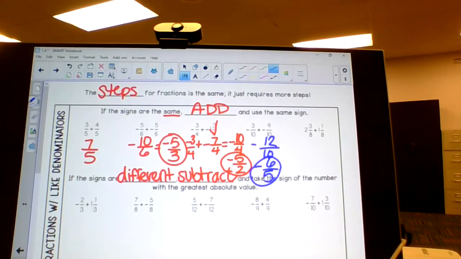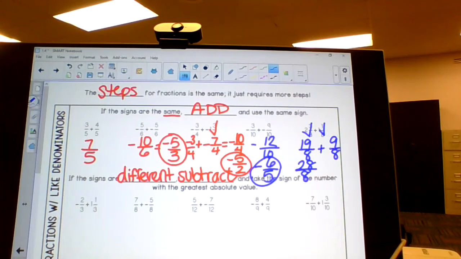Alright, and then that last one, oh, they're mixed numbers. I don't deal with mixed numbers, so let's make them improper first. So 2 times 8 is 16, plus 3 is 19. 1 times 8 is 8, plus 1 is 9. So I made them both improper. So I already have a common denominator here, so I look at it, they're same sign, add and keep. So 19 plus 9, that's 28 over 8.